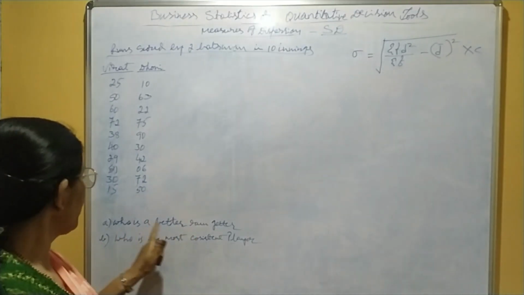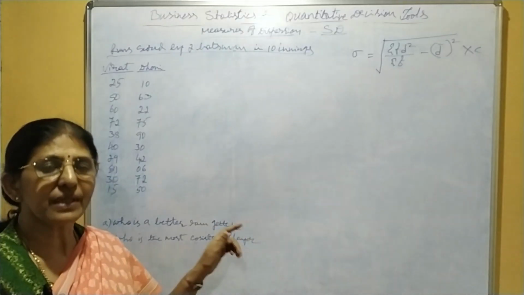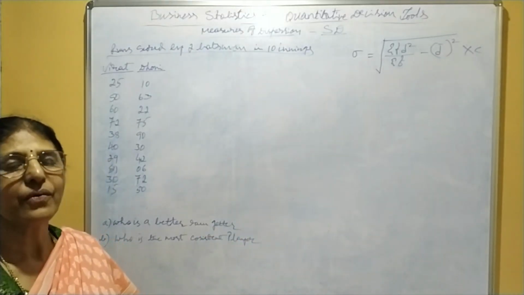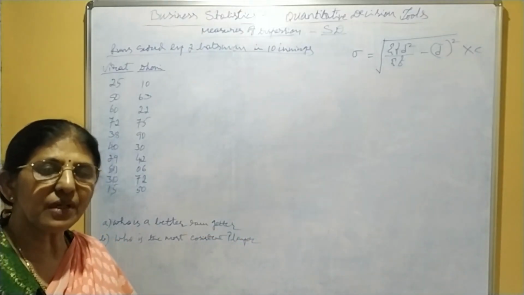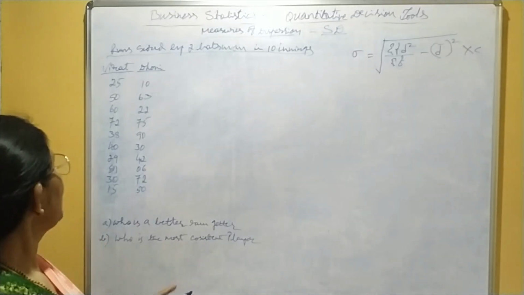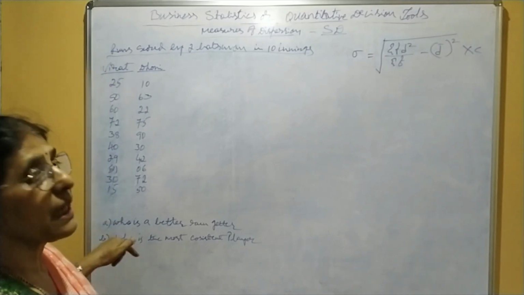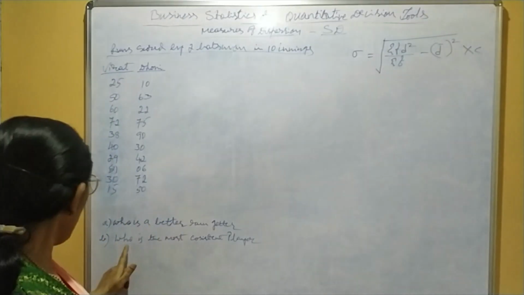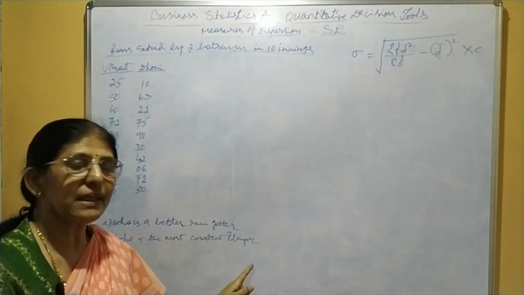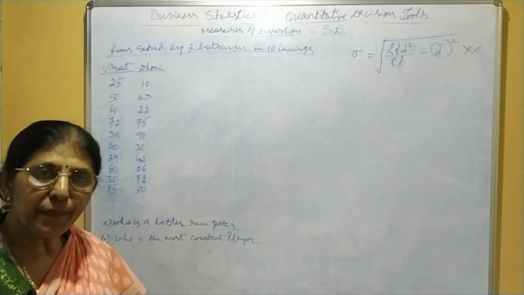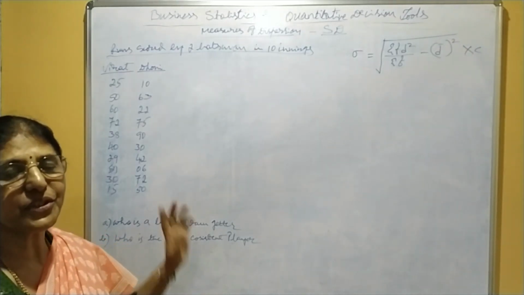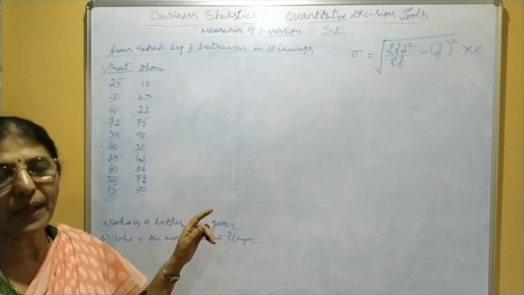Now, to answer who is a better run getter, which one do we have to compare? We have to compare the average runs scored by each batsman in 10 innings. And to answer who is the most consistent player, we have to compare the coefficient of variation of these two batsmen.